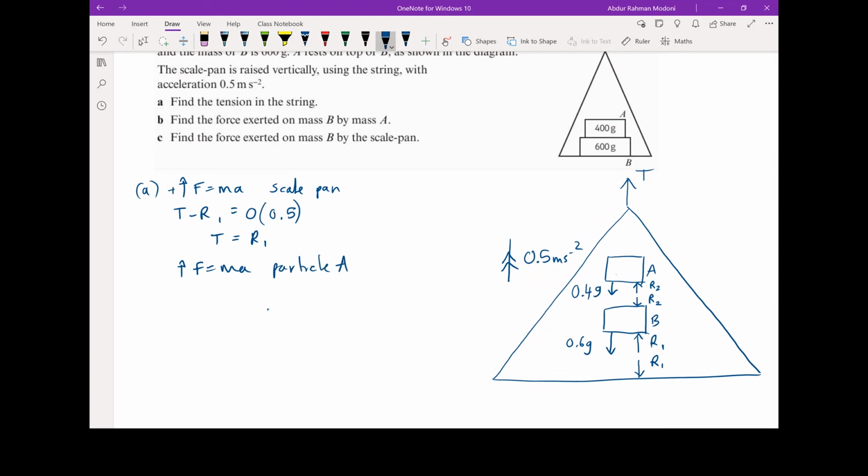If we apply that, we can see that the forces experienced on particle A are R2 there, and this 0.4 g. So what do we have? We have R2 acting upwards minus 0.4 g is equal to the mass of that object, which is 0.4 kilograms, times the acceleration, which you know to be 0.5.